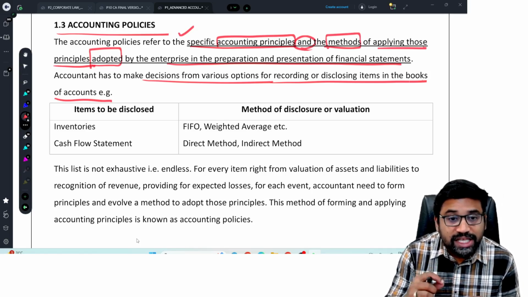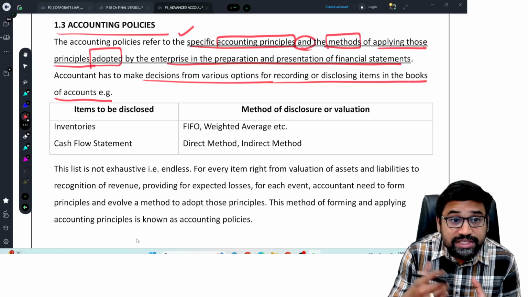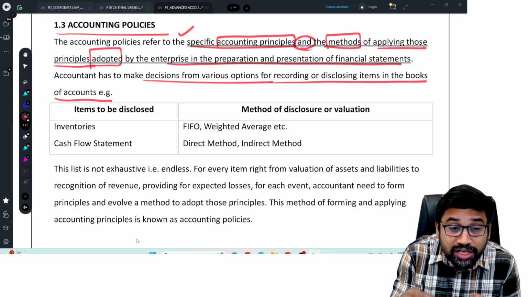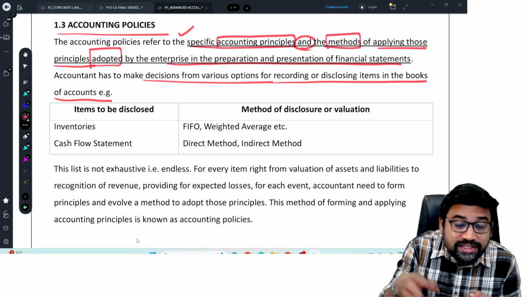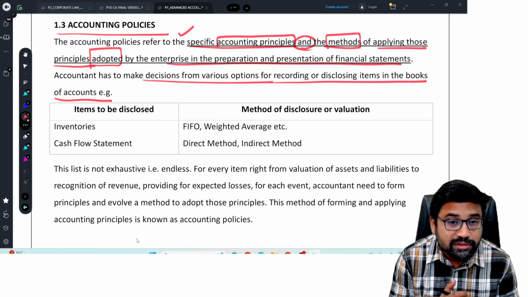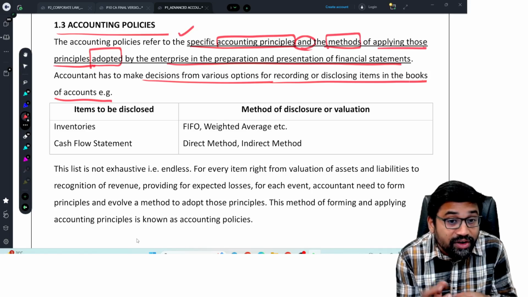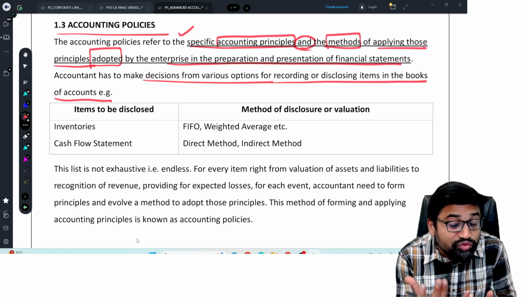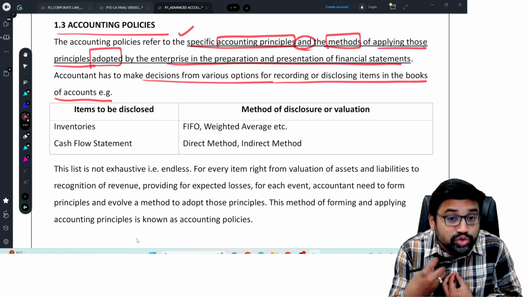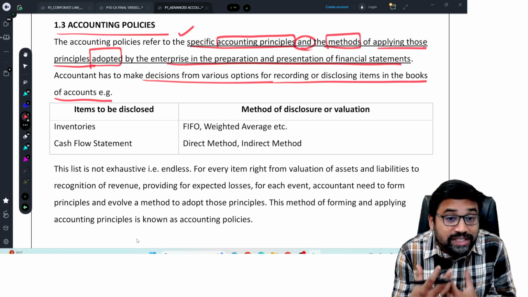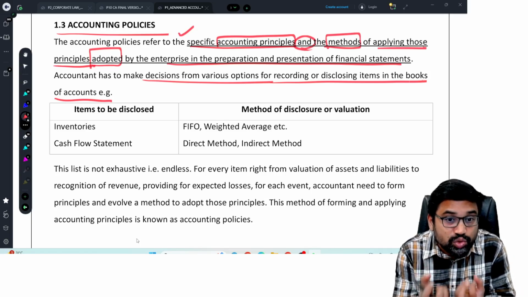Now, for each aspect, which rules do I need to follow, how will I record in my books, how do I disclose these items in the financial statements? For disclosure and for recording, what principles I need to follow as an accountant, I need to choose. Now that is the accounting policy which I choose.